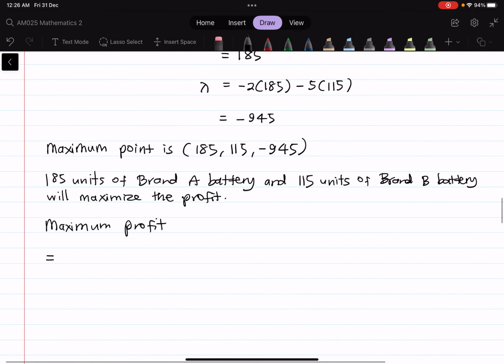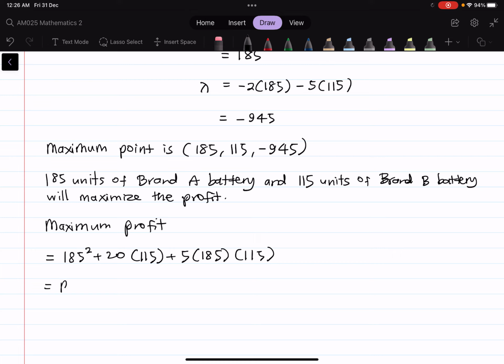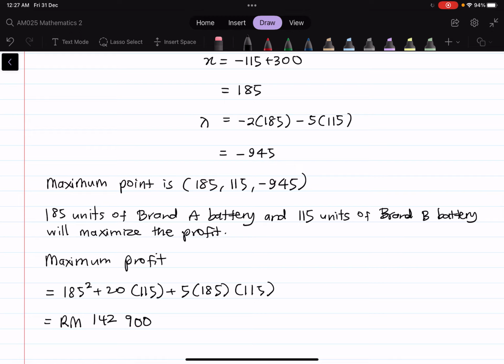You're going to get the same value, by the way. So 185 squared plus 20 times 115 plus 5 times 185 times 115. We're going to get RM142,900.